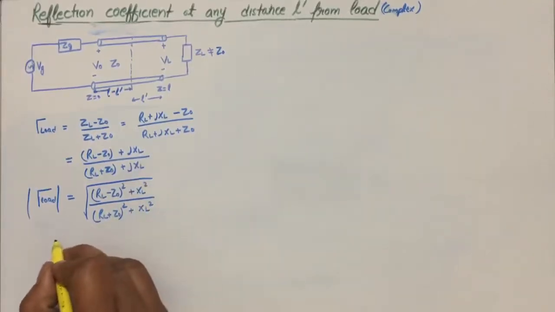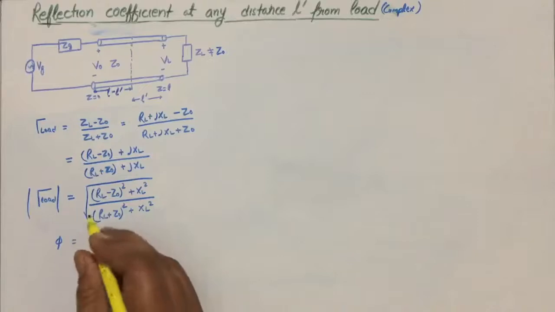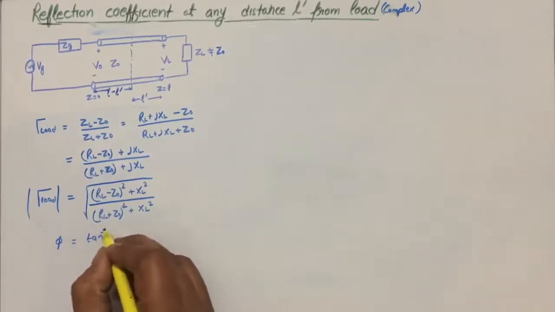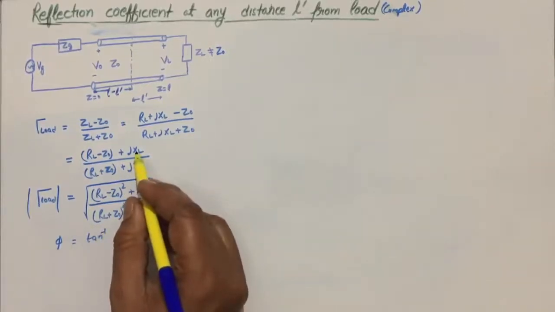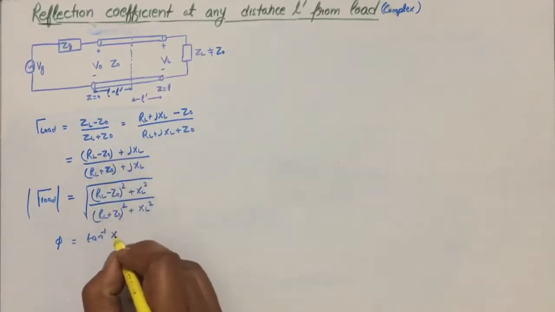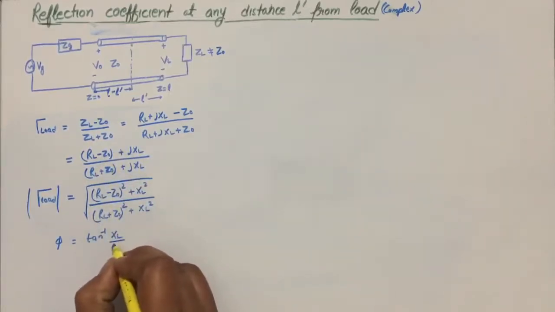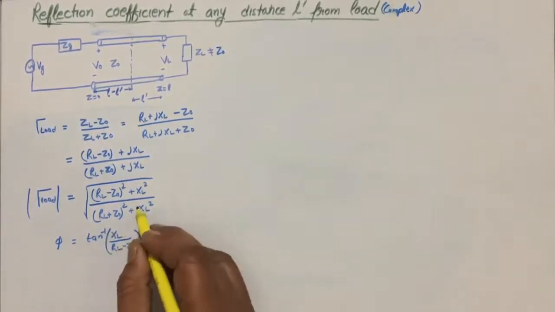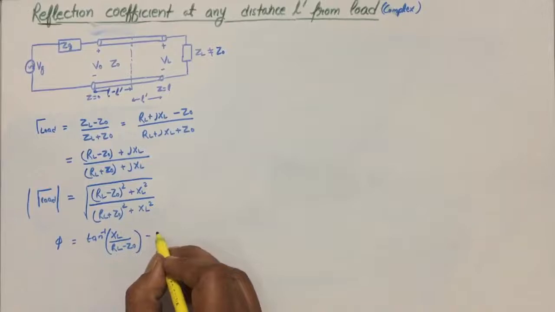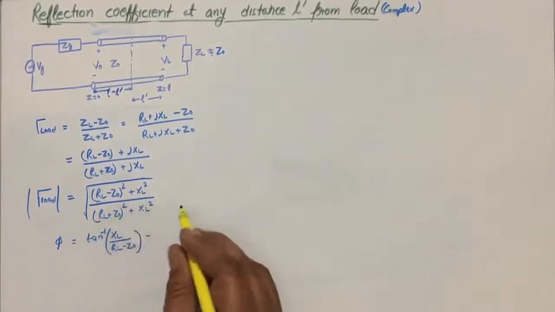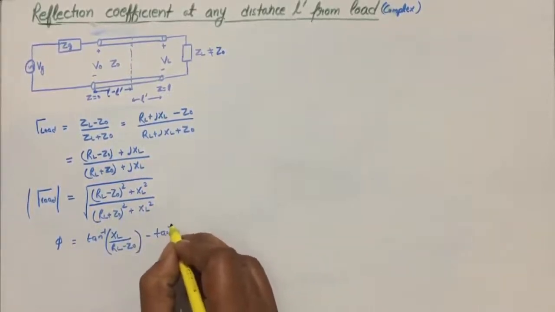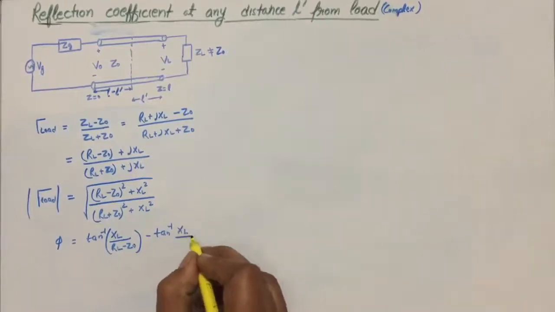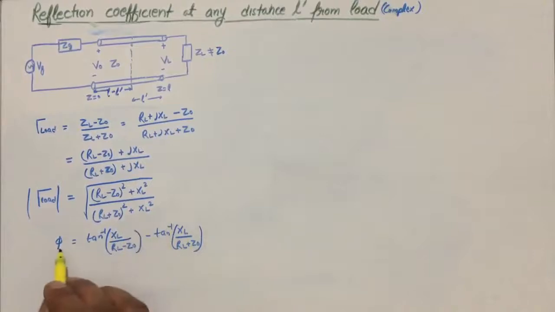That phase can be written as tan inverse XL divided by RL minus Z naught, minus tan inverse XL by RL plus Z naught. So this will be the phase and this will be the magnitude.